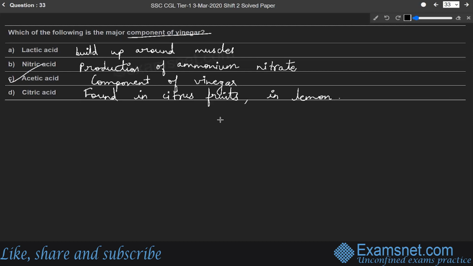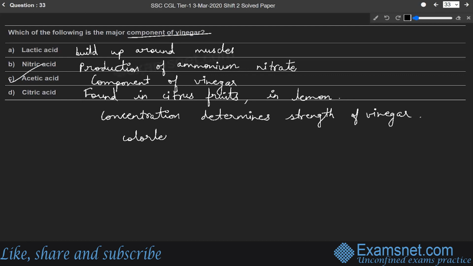Acetic acid is a major component of vinegar and its concentration determines the strength of vinegar. Do you know about its color or odor? It is a colorless liquid and it has a pungent odor.